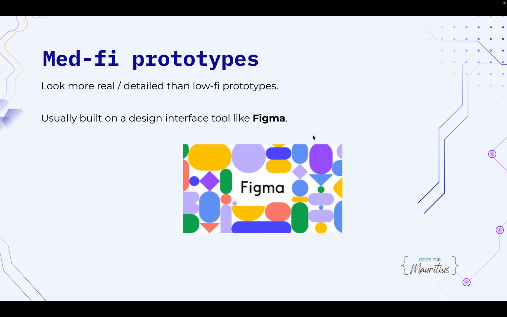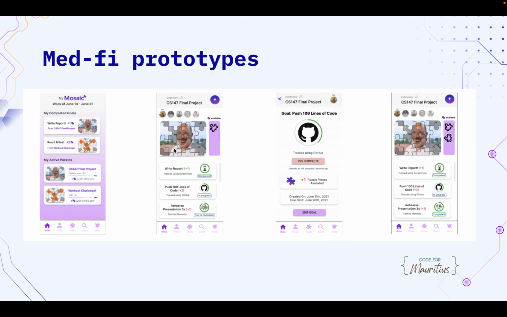So medium-fi prototypes are a little bit more real and detailed than lo-fi prototypes, and they're usually built on design interface tools like Figma, which is what you're going to use in your final prototype of your idea. And this is an example of a medium-fi prototype. It is for the same app that my friends and I were designing.